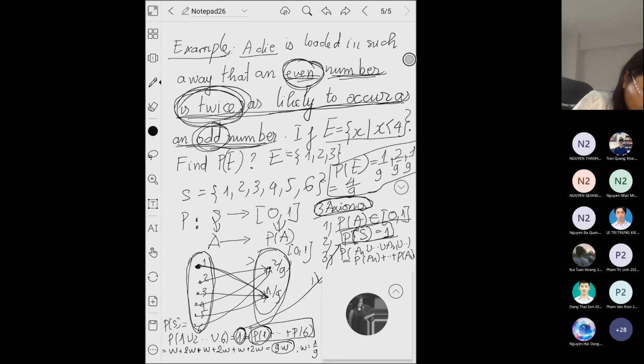For the event 2, by the map, the probability receives the value 2/9. 3 is 1/9, 4 is 2/9, 5 is 1/9, and the last, 6, is 2/9. Here is the map you studied: each element in the sample space gets a number in the interval 0 to 1. We call this the probability.